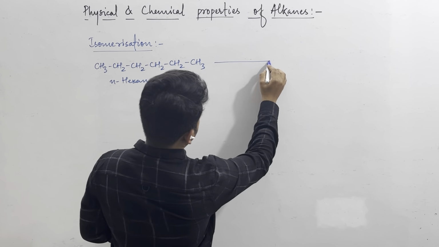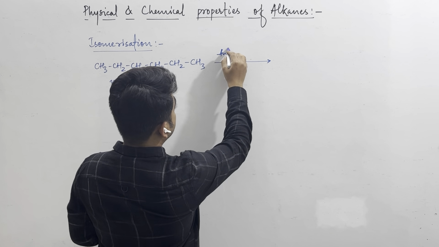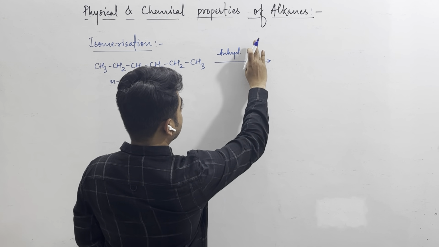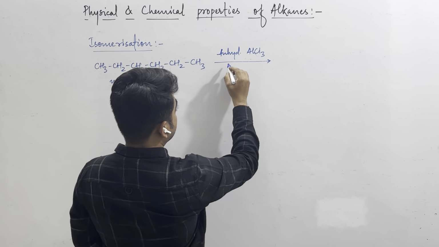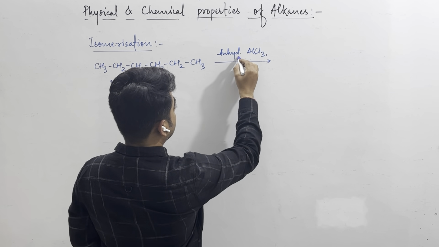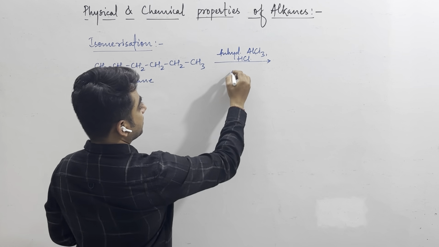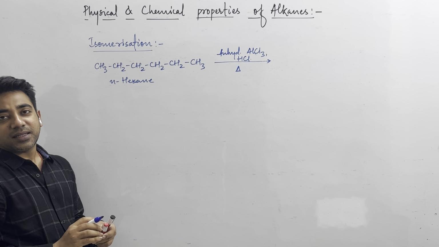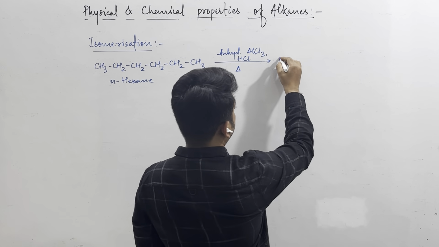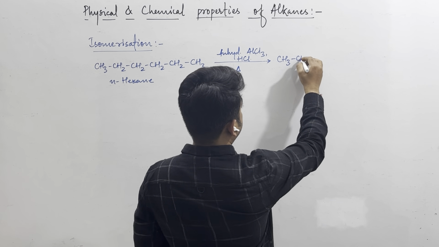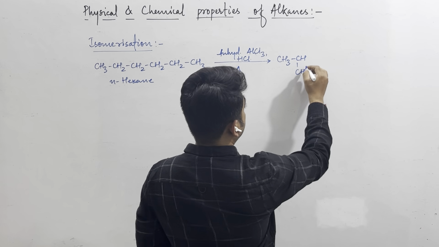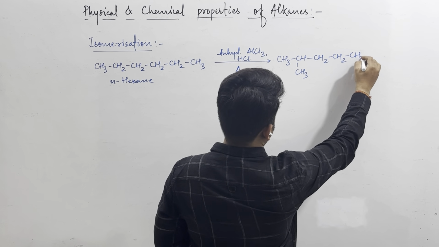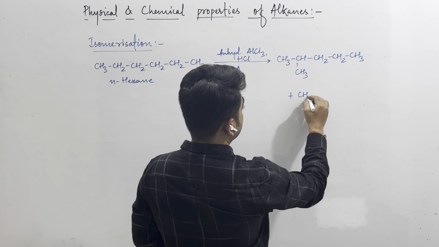So this normal hexane, when heated in presence of anhydrous aluminum chloride and HCl, hydrogen chloride gas, is going to give you the isomers of the compound: 2-methyl pentane or 3-methyl pentane.